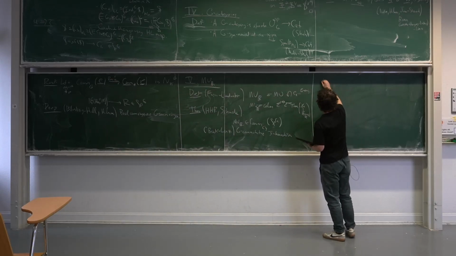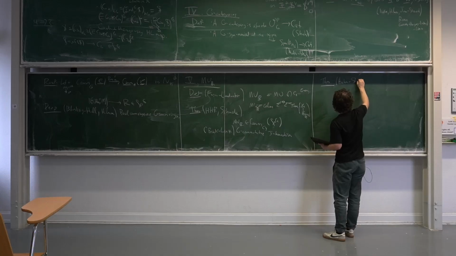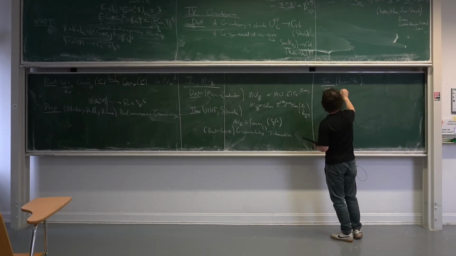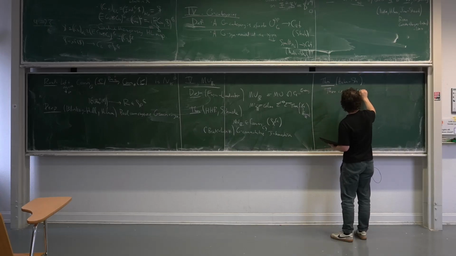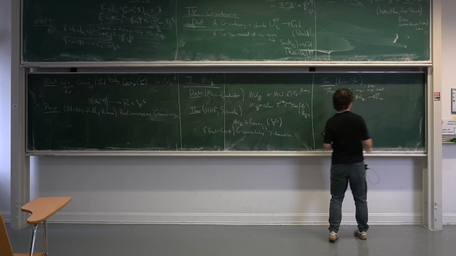Two more things I need to state before we can get to the punchline here. I want to state the following theorem of Hahn and Shi. This says there is a C2 equivariant homotopy ring map from MUR to E_n.